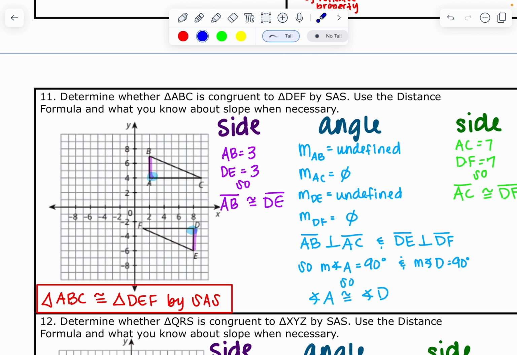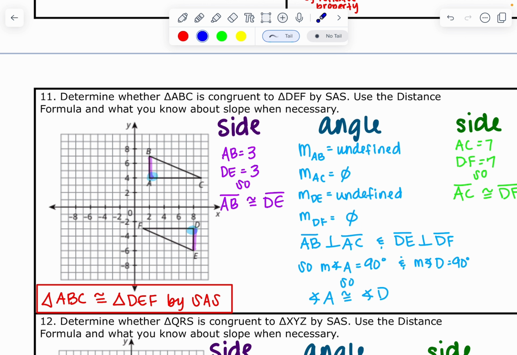So here's what I went through. We know that the slope of AB is undefined. The slope of AE is 0, which means these lines are perpendicular, which means that's a 90-degree angle. And that's what I explained over here. I'm going to say it again. This is undefined. This is 0 slope, which means they are perpendicular because those are negative reciprocals.